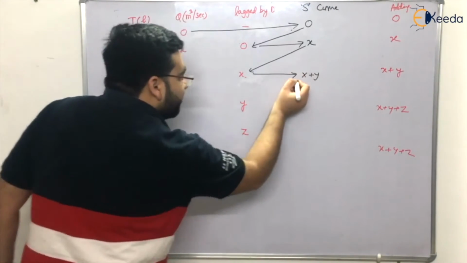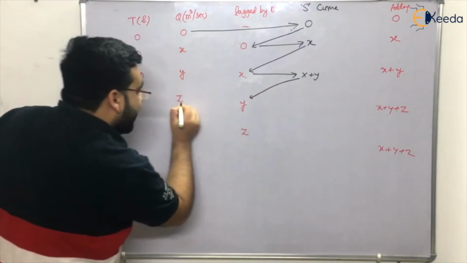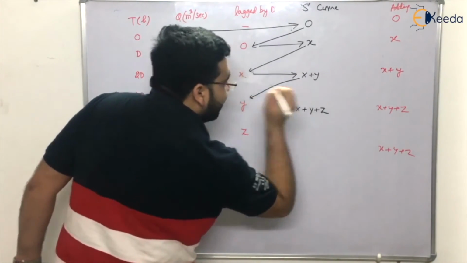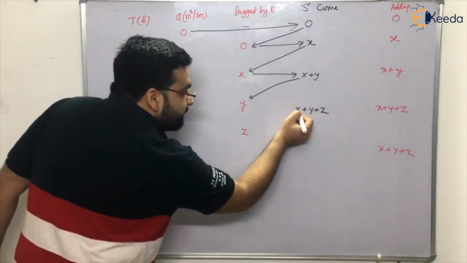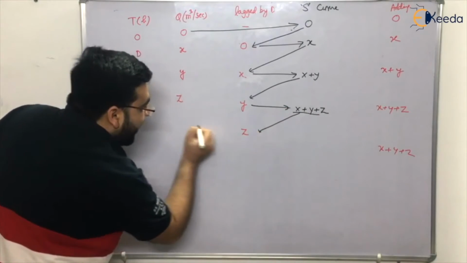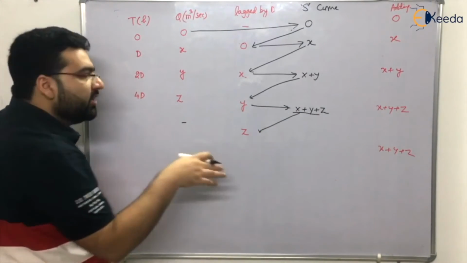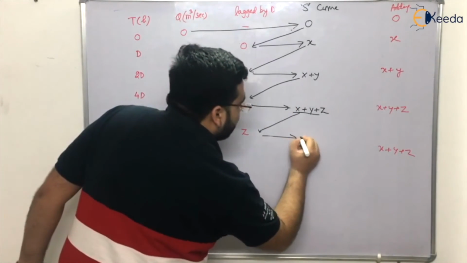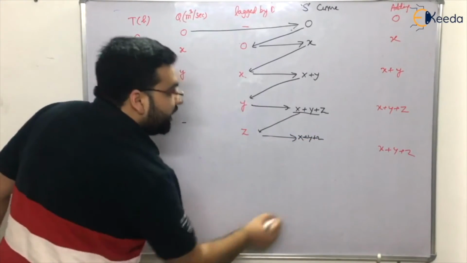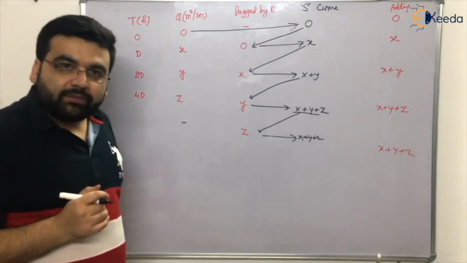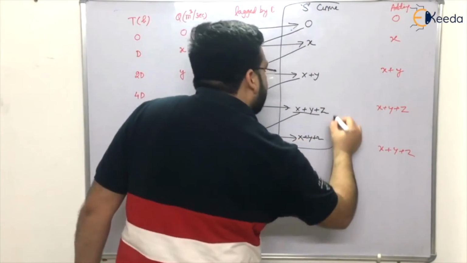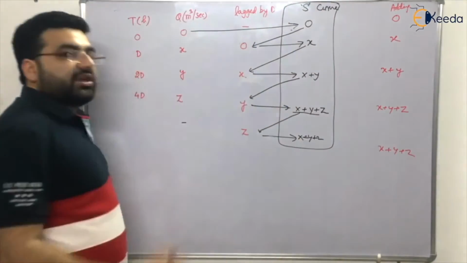Now take x plus y at this position and add z. What will you get? x plus y plus z. Now take x plus y plus z to this position and add this value. What is this value? Nothing. So it will be x plus y plus z, x plus y plus z, and so on. You keep doing this. So this is the shortest trick to determine the S curve in just one step.